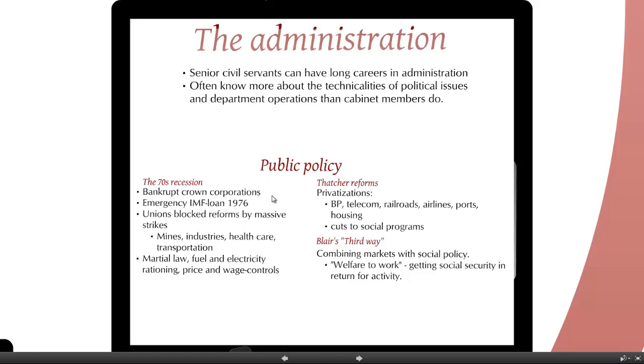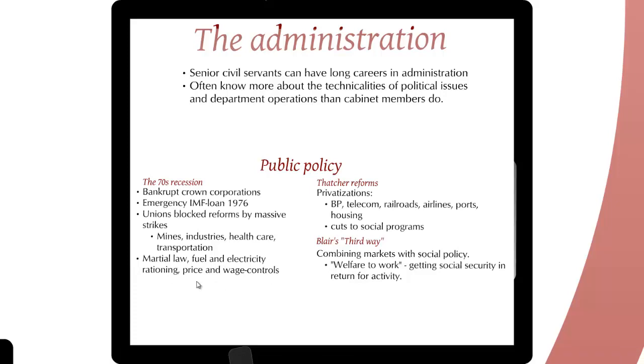You had bankrupt crown corporations, you had an emergency IMF loan in 1976, you had unions bringing effectively the entire country to a standstill, you had martial law, fuel and electricity rationing, you had price and wage controls to the extent that individual ministers would call down to funeral homes to regulate their prices.